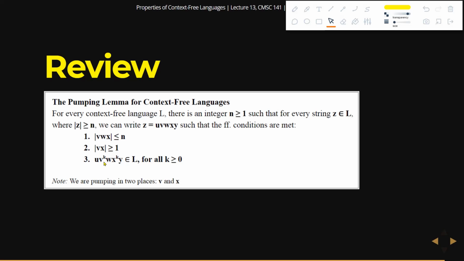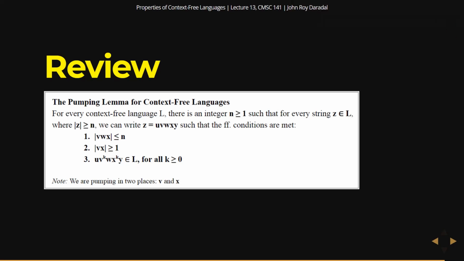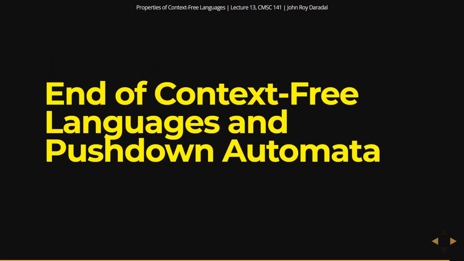Then we can pump up v and x for all k greater than or equal to 0, and the pumped up string can still be part of the language, right? So we use this to prove languages to be non-context-free. Okay, so that actually ends our topics for context-free languages and pushdown automata.